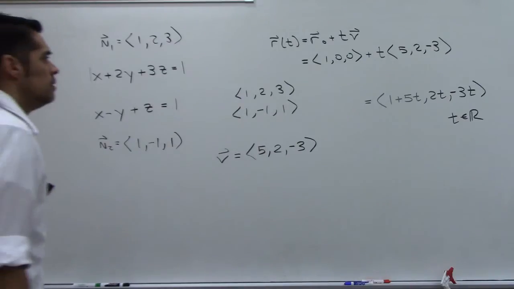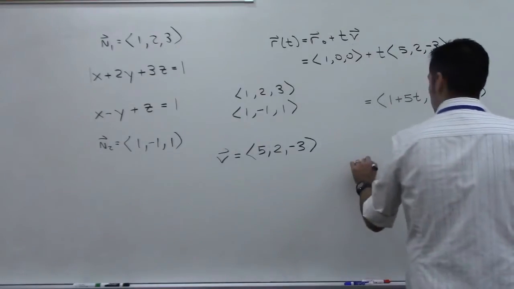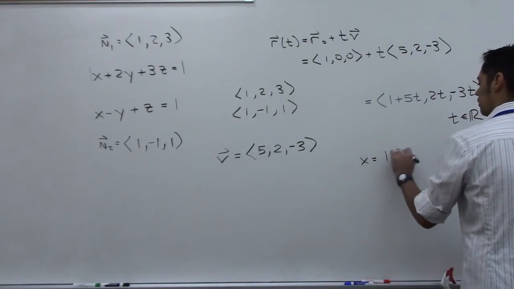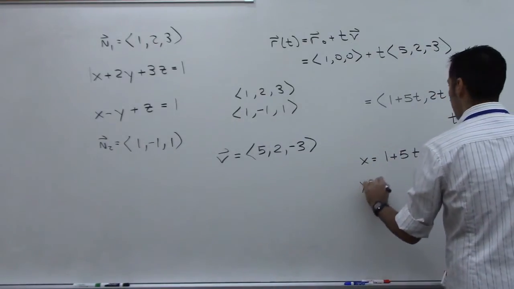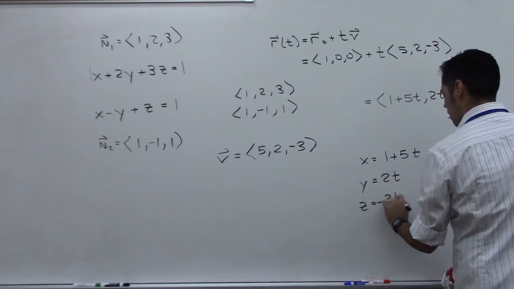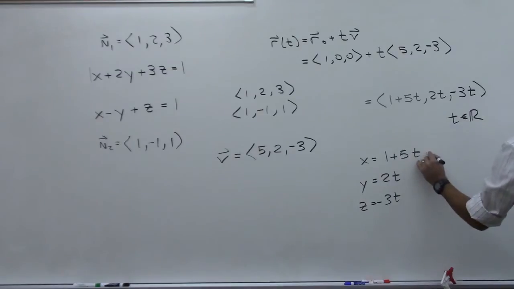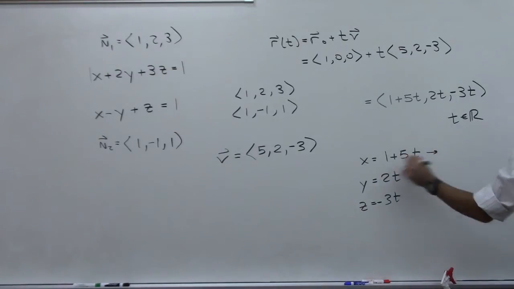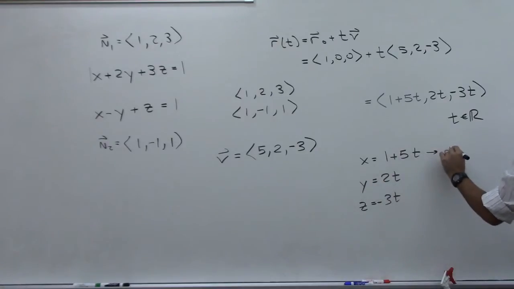All right, now the parametric equations are here. So there's your parametric equations. Let me solve these. If I take this, solve it for t, I get x minus 1 over 5 equals t. I did this one a little different.